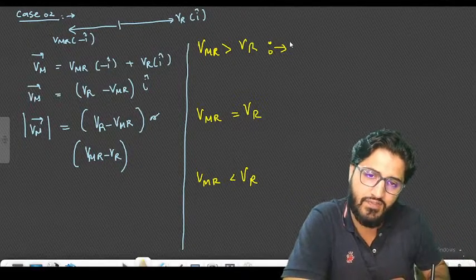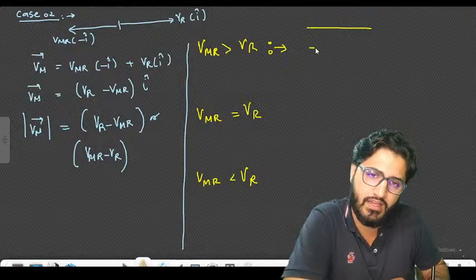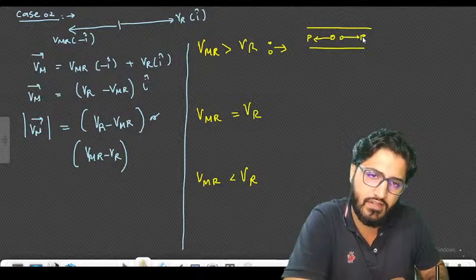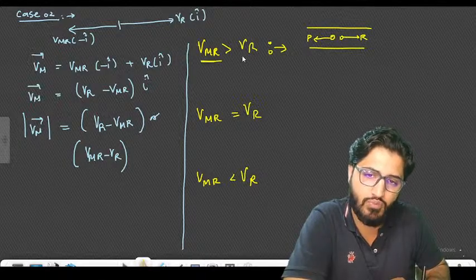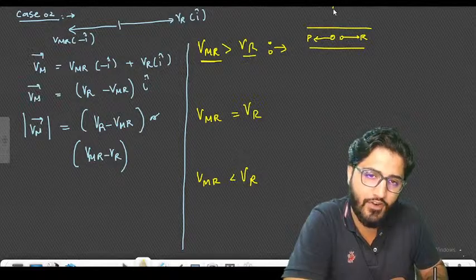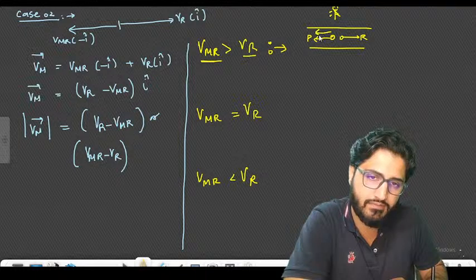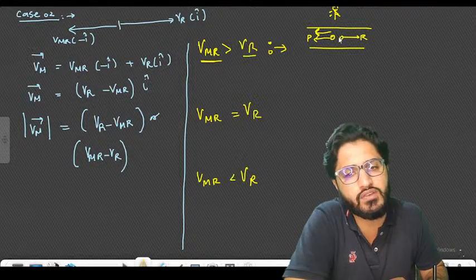Let us suppose this is my river and the river is going this way. If vmr is more than vr, from the ground frame of reference you will see the person going upside, opposite to the river.